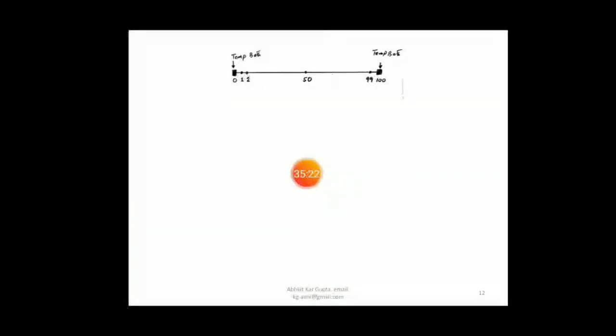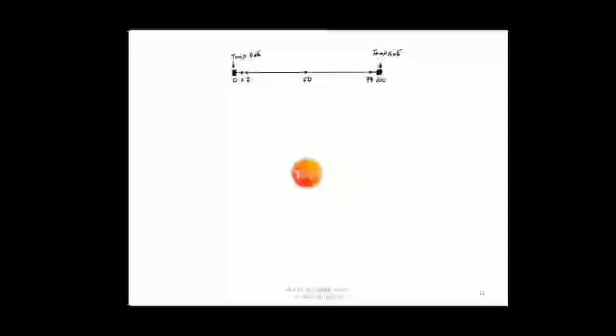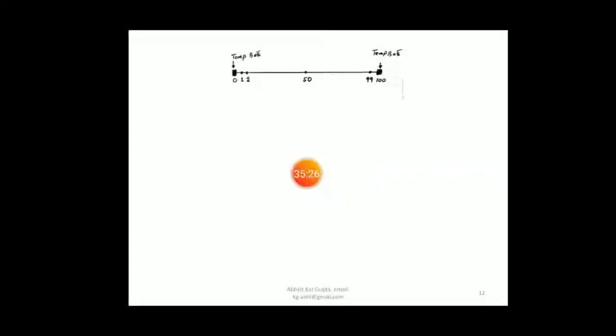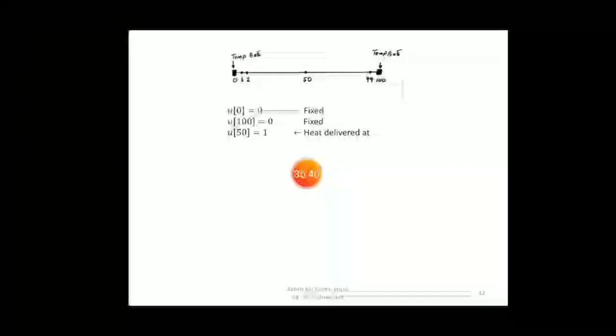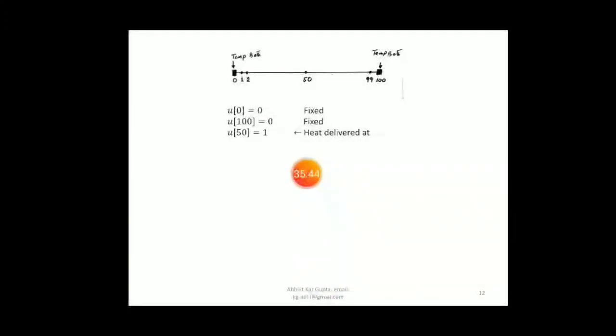So there are 101 equidistant points on the rod. Now you can translate the boundary and initial conditions in terms of u, which is an array of numbers. U is your physical quantity, but u is an array in computer.